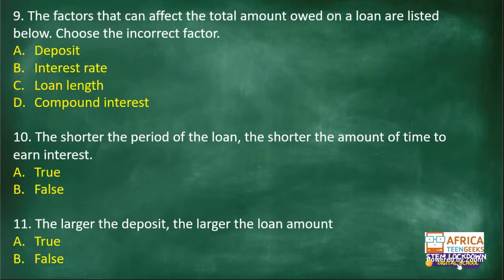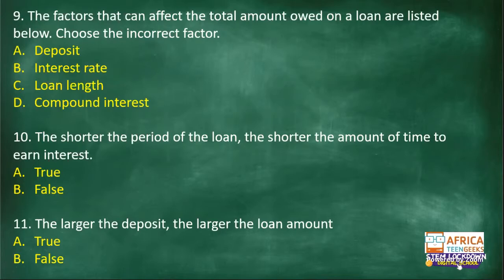Now, we are saying that these factors can affect the total amount that is owed on a loan. Choose the one that is not correct. In other words, you need to choose one factor there which will not affect the total amount that is owed on a loan.